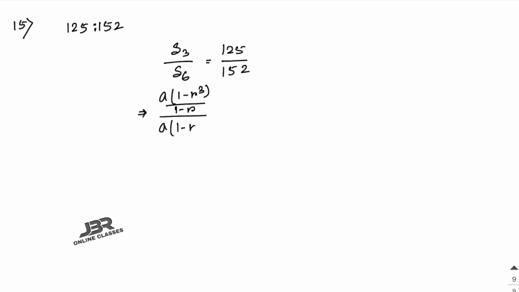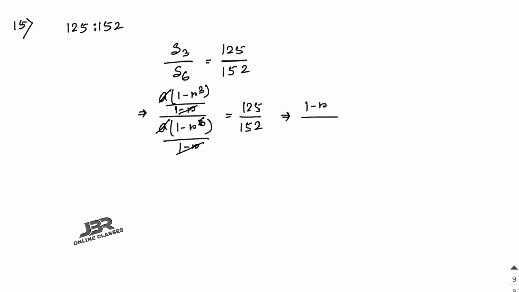So here you can write down S3 divided by S6, that one equal to 125 by 152. So you know the formula, a(1 - r^3) divided by (1 - r), and a(1 - r^6) divided by (1 - r). So the 1 - r cancels out, a cancels out. It's 125 by 152.